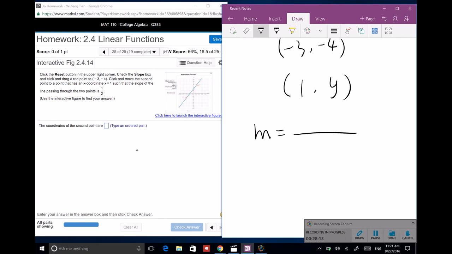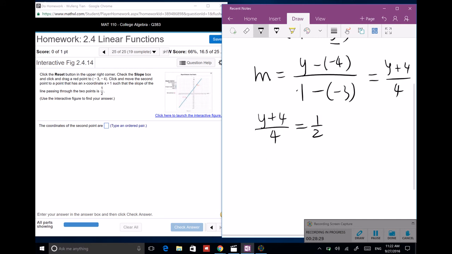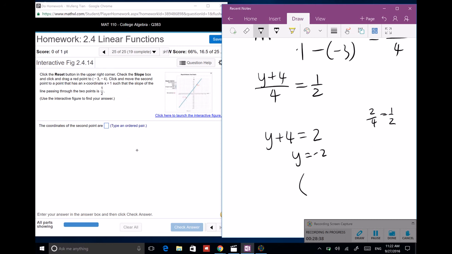So it's (y minus negative 4) over (1 minus negative 3), which is (y plus 4) over 4. Given that the slope is 1/2, y plus 4 equals 2, because 2 over 4 equals 1/2, so y equals negative 2. So the point is (1, negative 2).